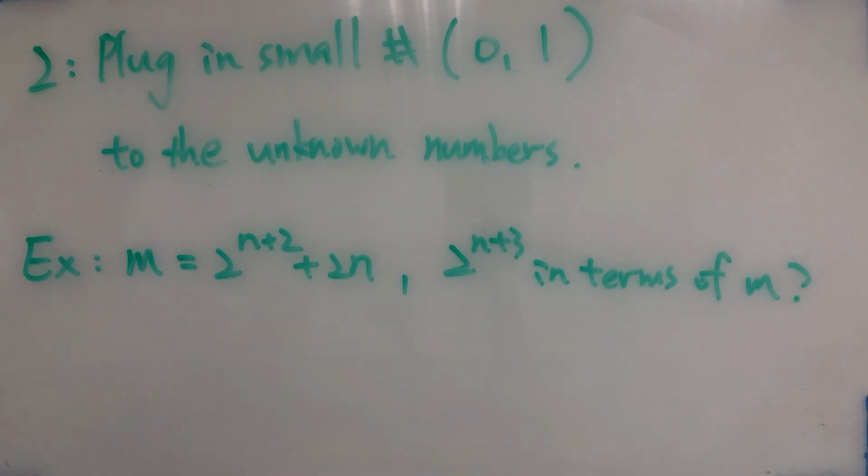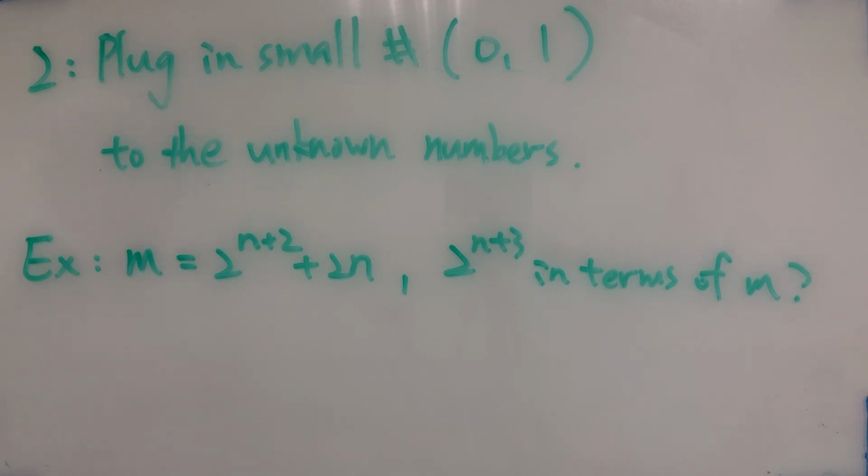I'm gonna give you some more time to write down the strategy, and then I'm gonna erase it because I need more board space to do this one. Plug in small numbers such as 0 or 1 to the unknown numbers. And if you have the time, do think about the example because I find this a little bit more complicated than the examples we did.